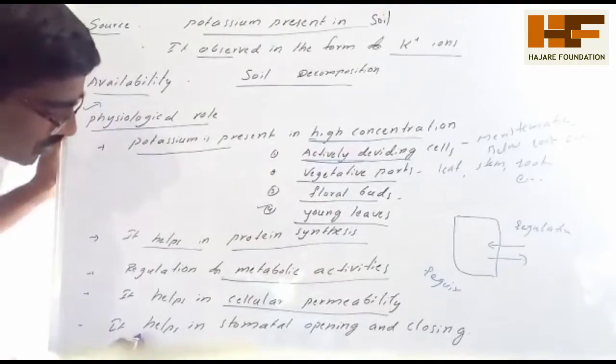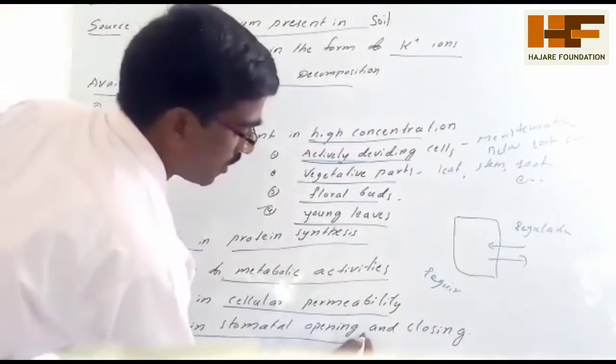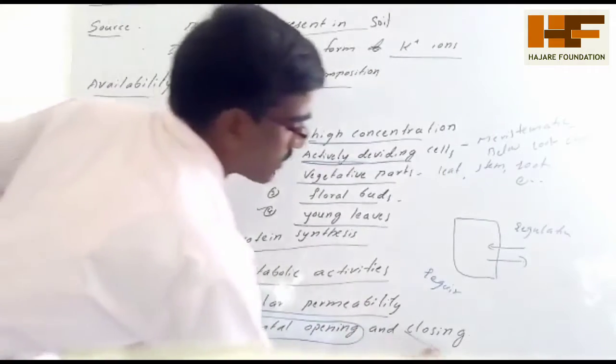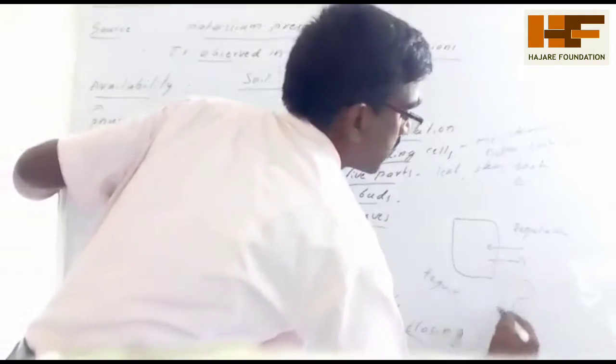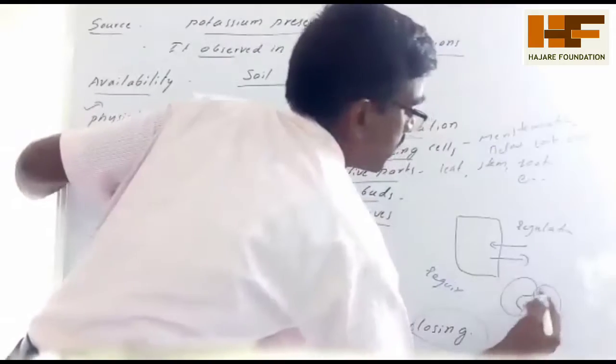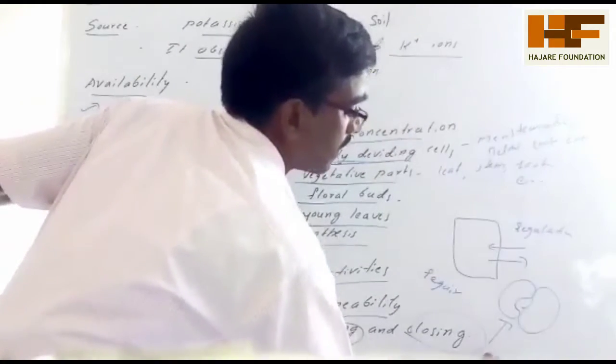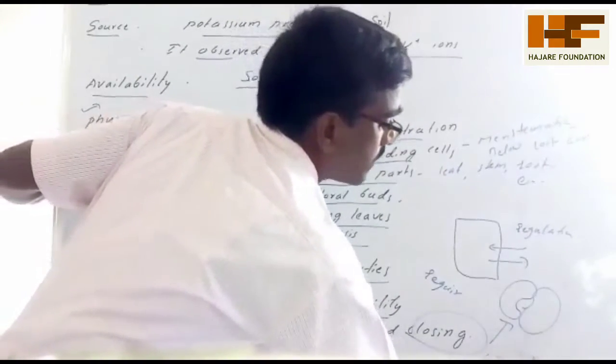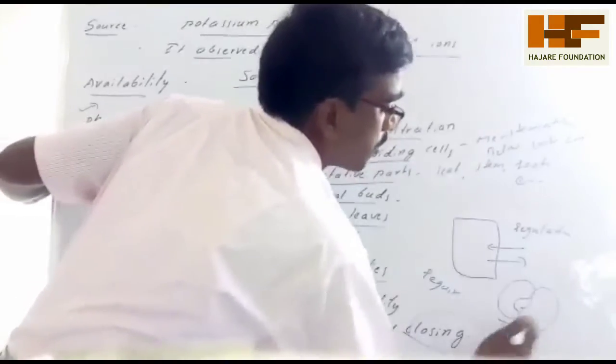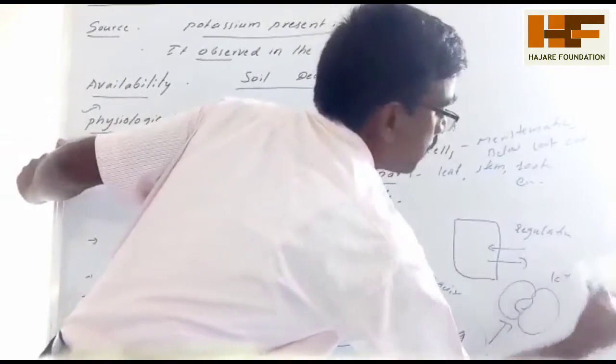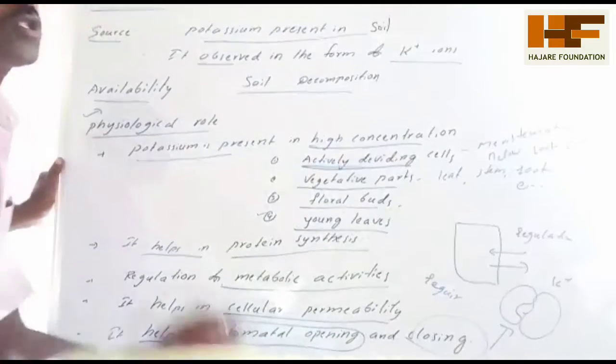Lastly, potassium is also responsible for opening and closing of stomata. You know that stomata are kidney shaped or dumbbell shaped. They open when the water content is more, and they close when the water content is less. So potassium ions are helpful for opening and closing of stomata.